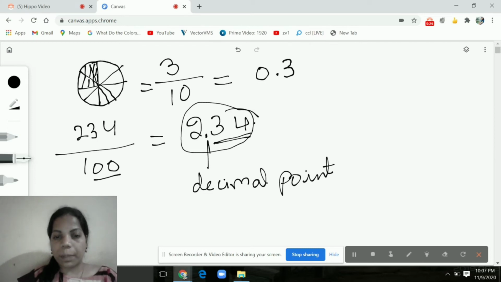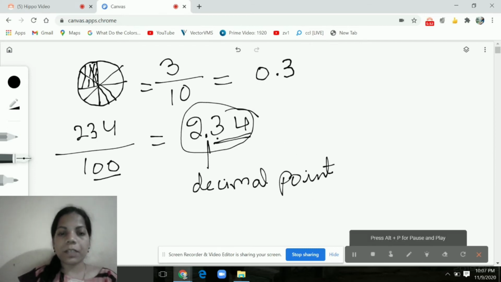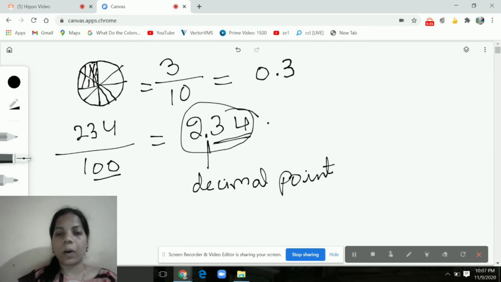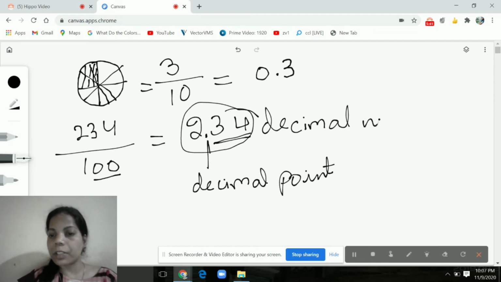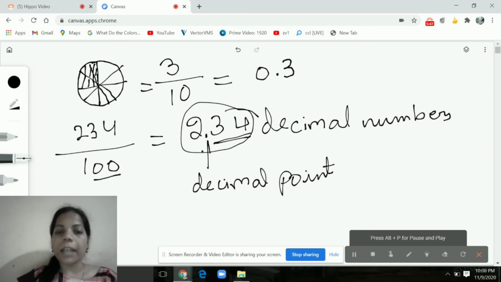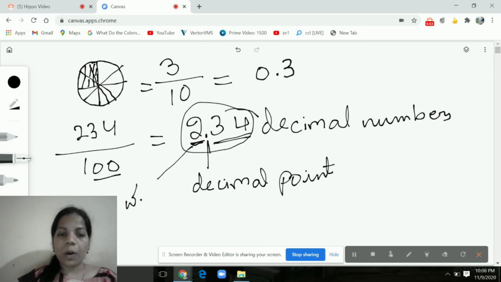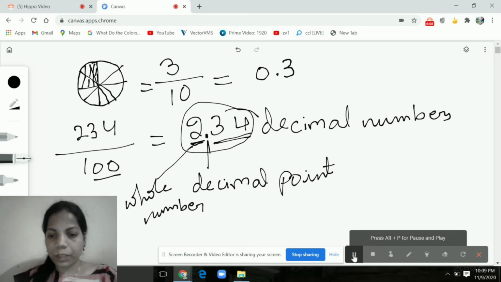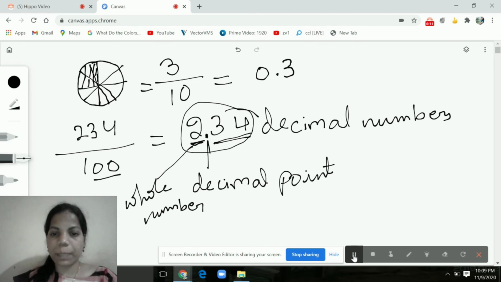The numbers which are after the decimal point are called the decimal part. And the number which is before the decimal point is called the whole number. The point which divides the whole number part and the decimal part is the decimal point. Right, children? Now did you all understand the definition of decimal numbers?